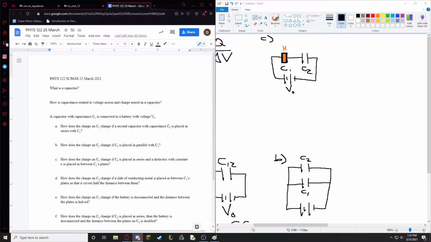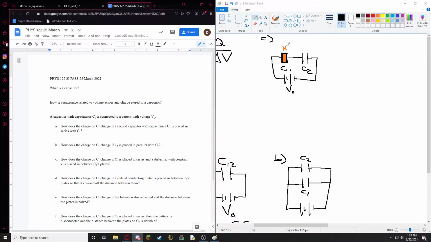All right. So we're taking our second capacitor C2, we're placing it in series with C1, and we're placing a dielectric with constant kappa in between C1's plates. So how do we get the new charge on C1 here?